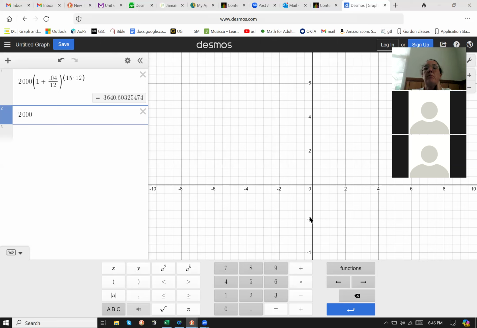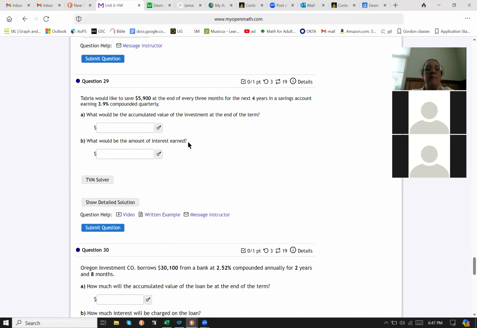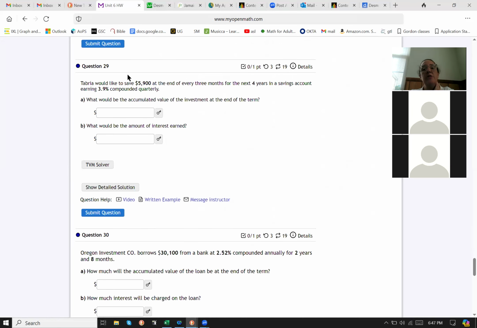Okay. All right, so let's move on now. We have the situation where the person is saving $5,900 at the end of every 3 months for the next 4 years in a savings account, earning 3.9% compounded quarterly. And what we call this is an annuity, when they're saving the same amount every month and so on.